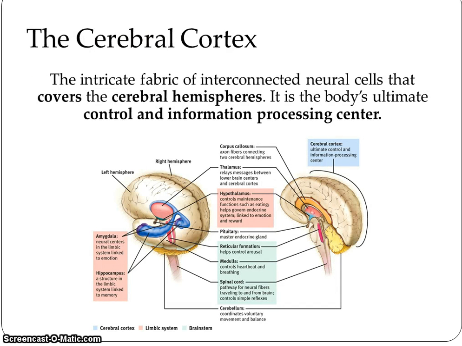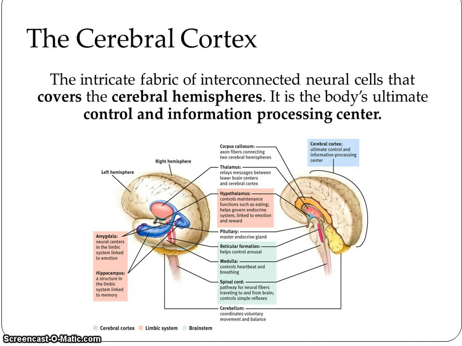Now, the cerebral cortex is what you see if you look at a brain like in a jar, in a movie or in a book. The outermost part of the brain is known as the cerebral cortex. It covers all of the hemispheres. There are 2 hemispheres, and it also covers the 4 lobes. It is the body's ultimate control and information process center.